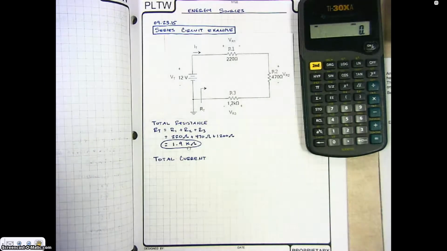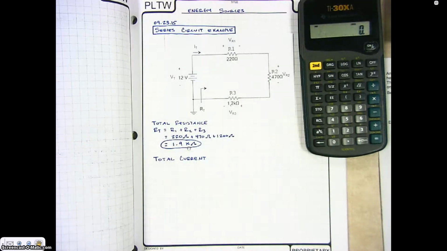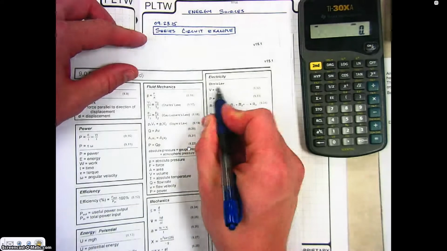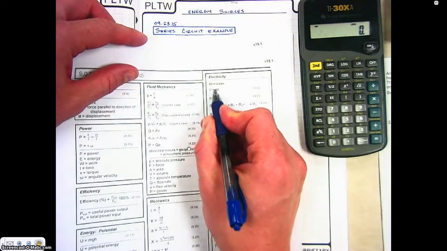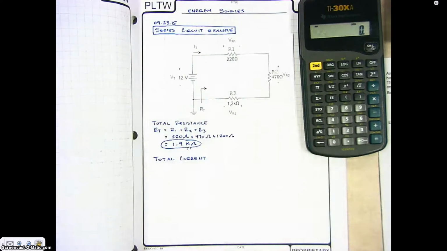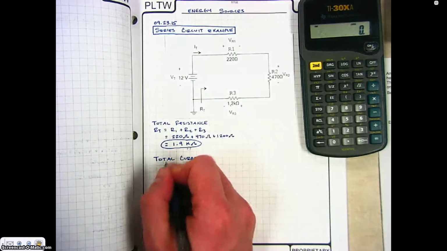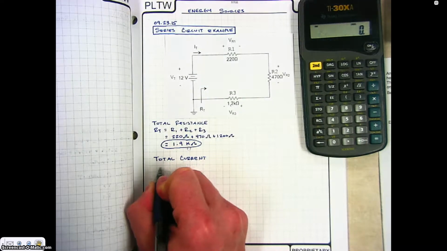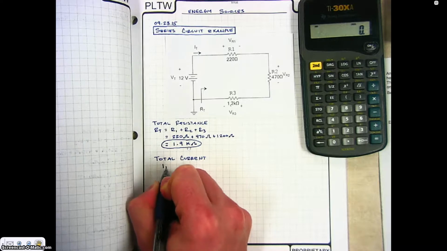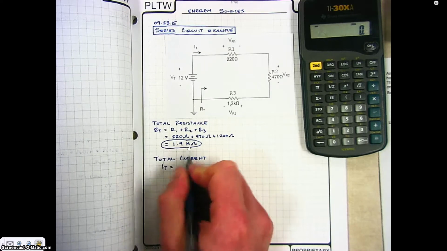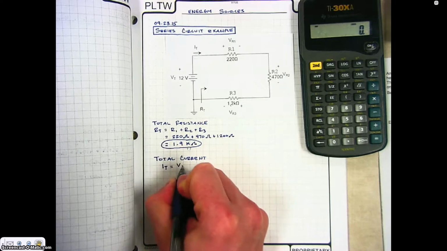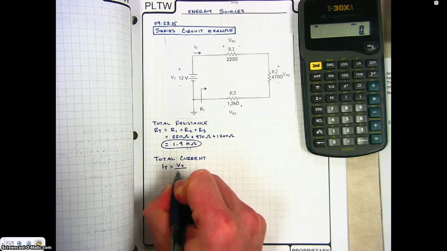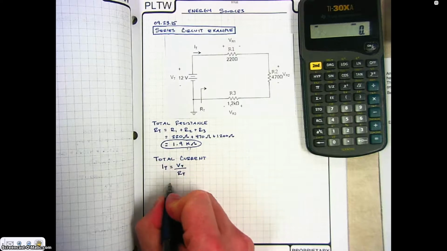If we look at the formula that we're going to use, we are going to just use Ohm's law to calculate the total current. We're going to manipulate this V equals IR formula to solve for current, so we need to solve for I. Total current is going to be equal to the total voltage divided by the total resistance.